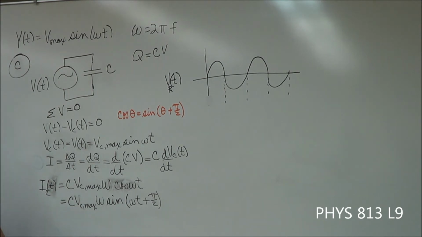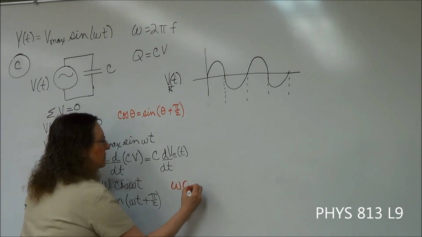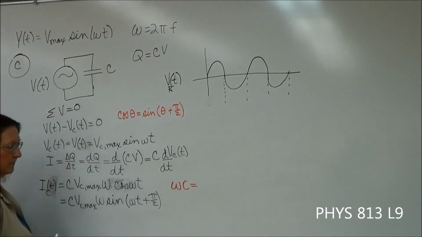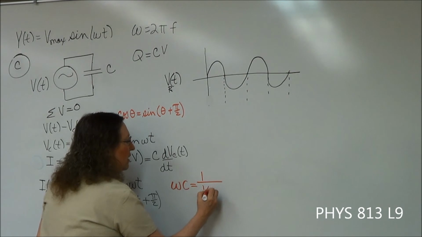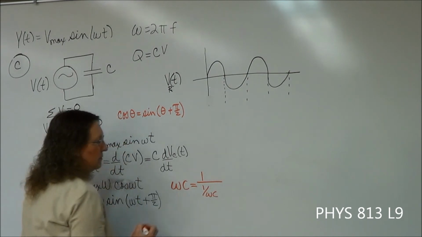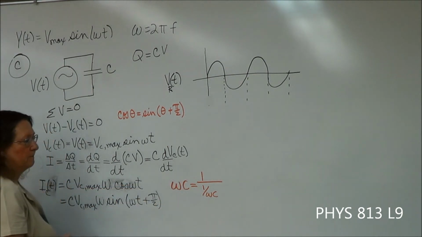What we're going to do is look at C times omega, actually I'm going to call it omega C. So we're going to do a little bit of math. Omega C is 1 over 1 over omega C. If you divide and then divide again, you end up with the same thing.